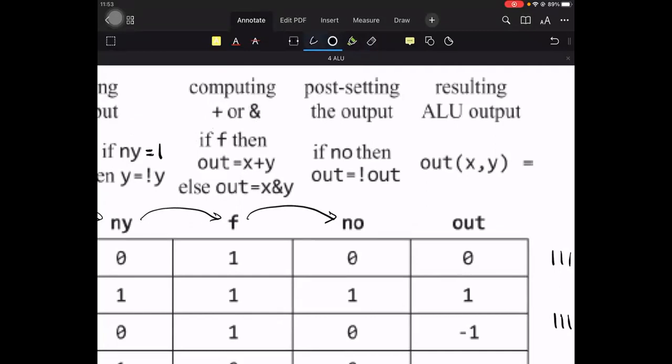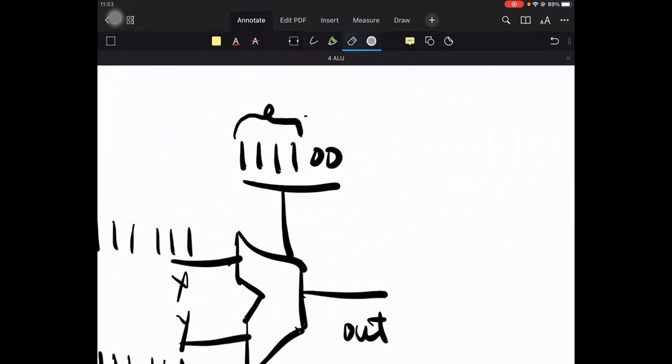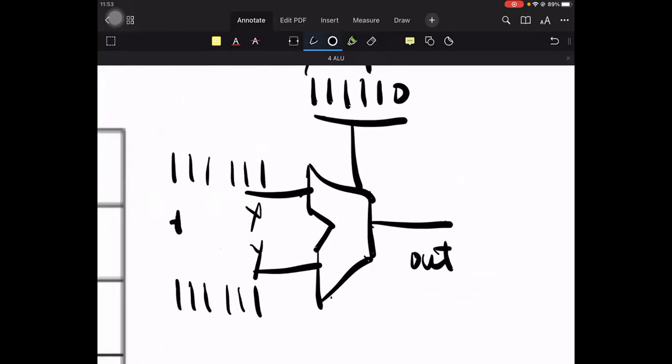So if F is true, or F is equal to 1, then the output now is X plus Y, the summation of X and Y. But if F is equal to 0, else, the output is X AND Y. So here, if the F of the opcode is 1, it adds.